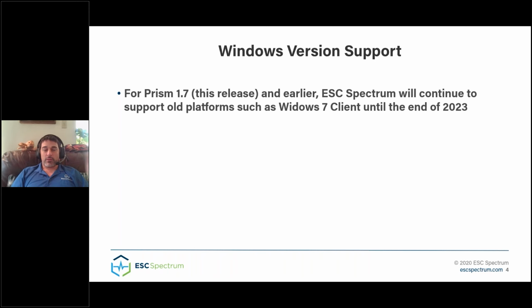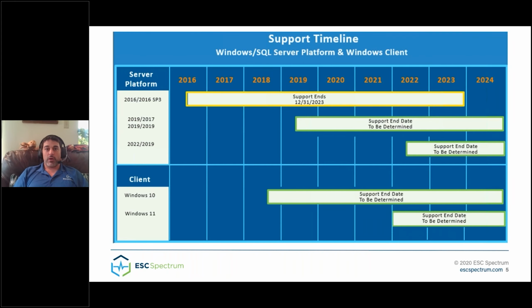First, with Windows version support for Prism 1.7, the release we're talking about today and earlier, we will continue to support old platforms such as the Windows 10 client until the end of 2023. But looking forward, here's a timeline of the Windows Server platform and the associated SQL Server, kind of like what we're looking at going forward.